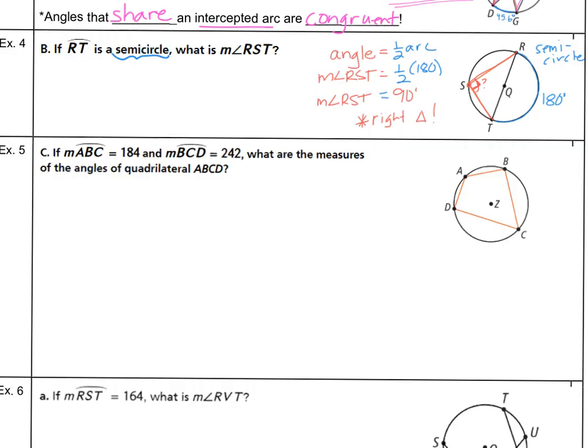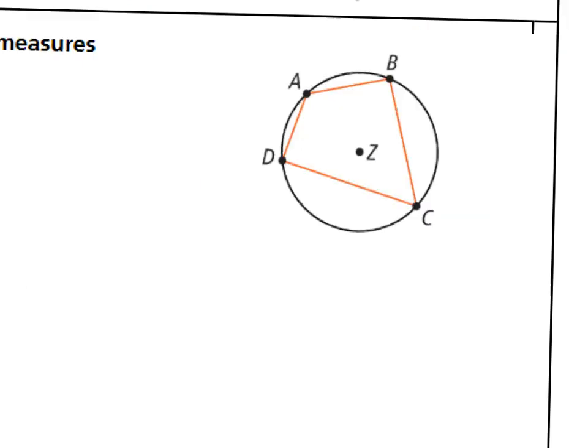Our next example has a quadrilateral on the inside of a circle. This is going to get crazy. It says if the measure of arc ABC is 184 and the measure of arc BCD is 242, what are the measures of all the angles on the inside of the quadrilateral? All right, again, let's go to our picture.